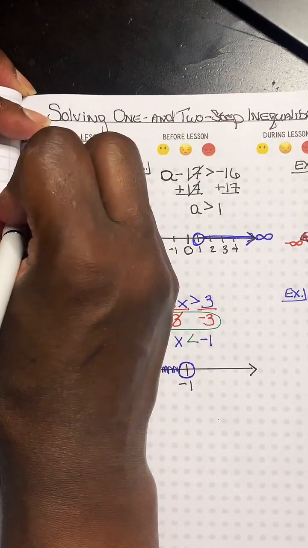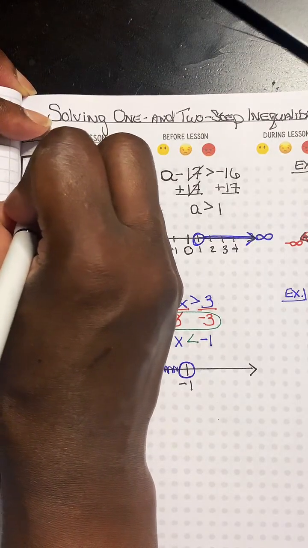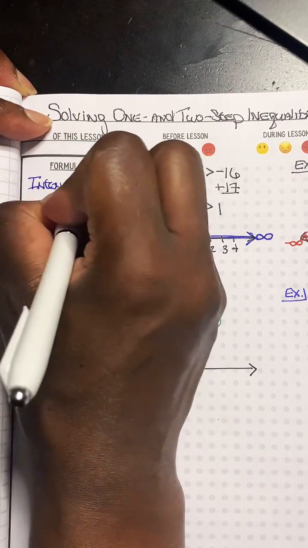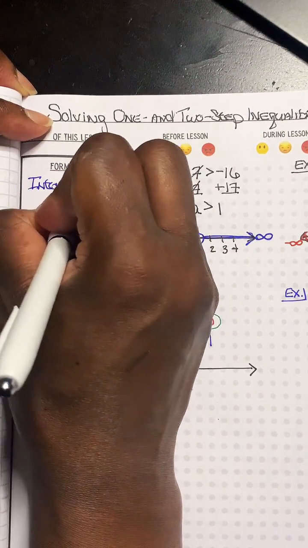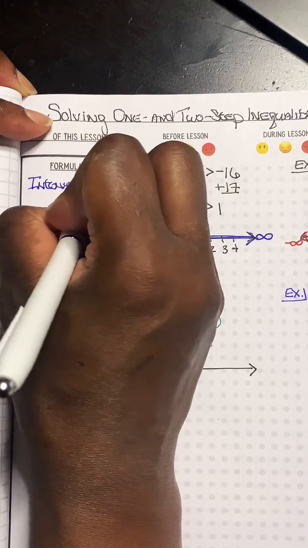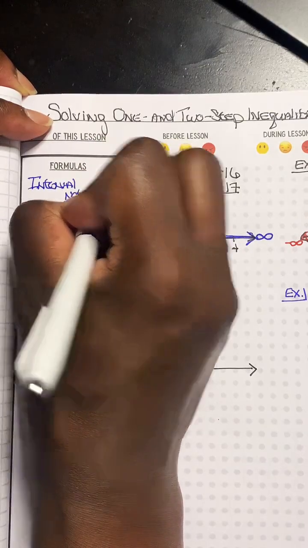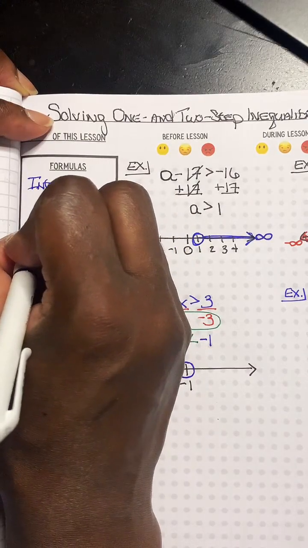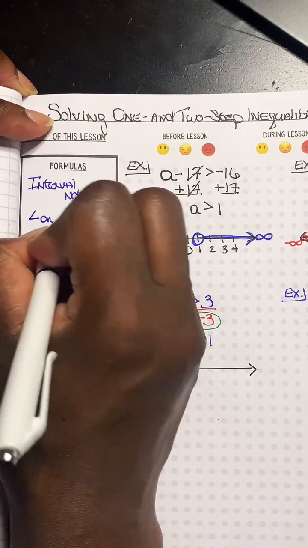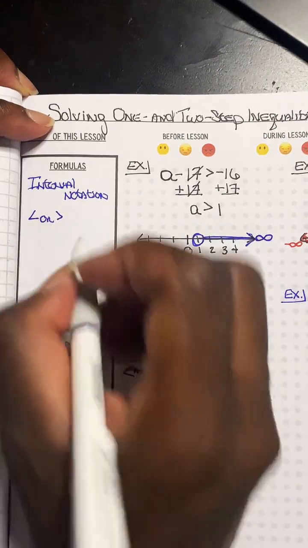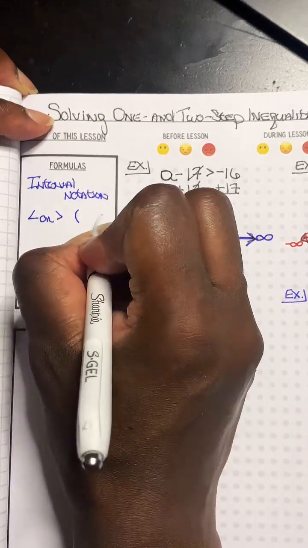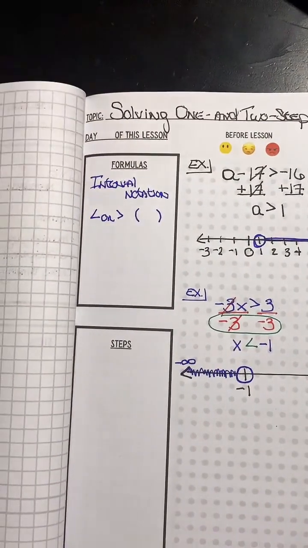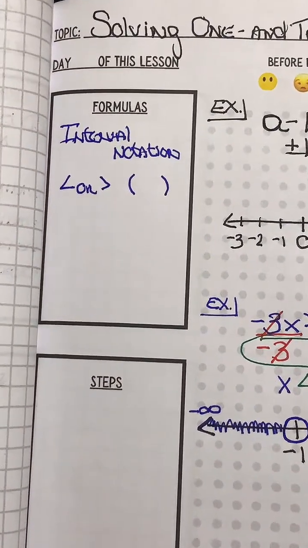So, if we're looking at interval notation, when you have less than or greater than, you're always going to have parentheses. Let me zoom in here for a sec.